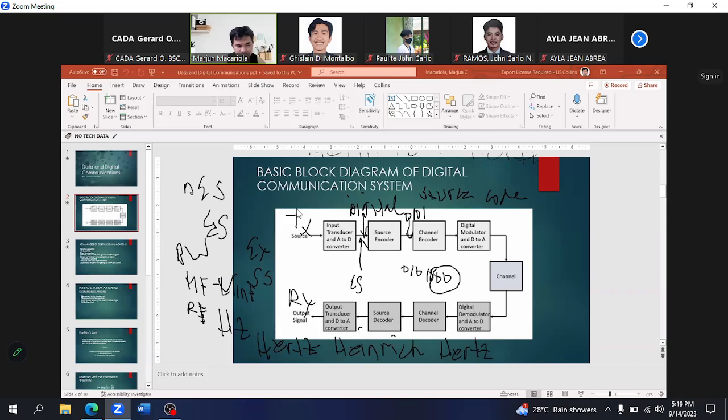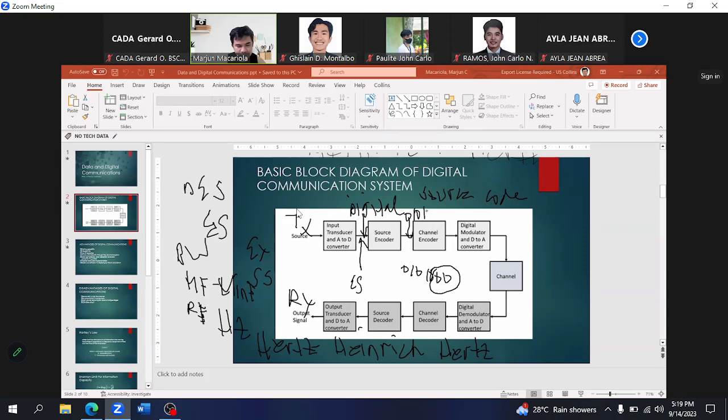So, ano yung error correcting bits? Okay? So, halimbawa, ang output ito ay 0101, original data. Okay? And then, maglalagay siya ng extra bits. So, halimbawa, 011. Okay. So, ang tawag po dun sa 011, those are the error correcting bits.